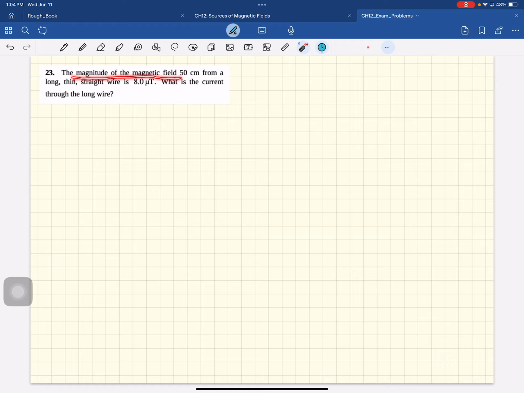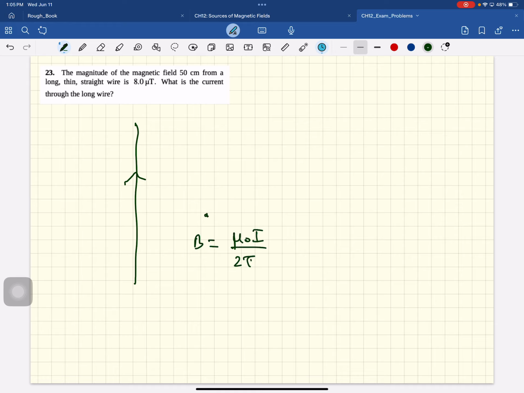The magnitude of the magnetic field 50 centimeters from a long thin straight wire is 8 microtesla. What is the current through the long wire? The field at that point is given by mu naught I divided by 2 pi r.